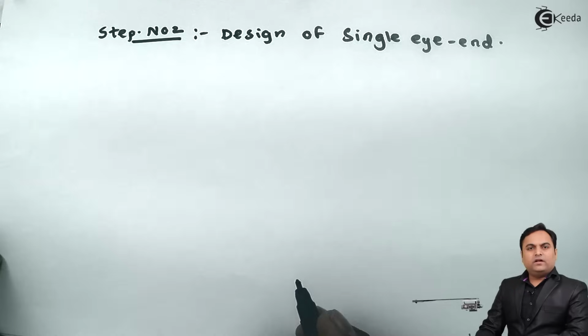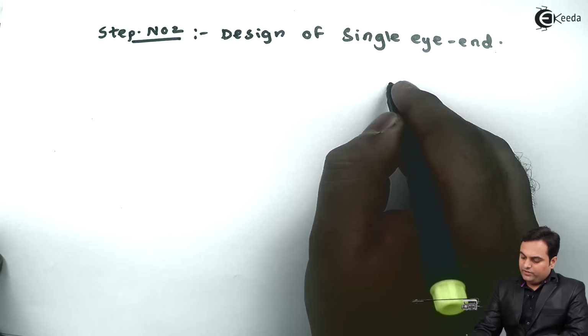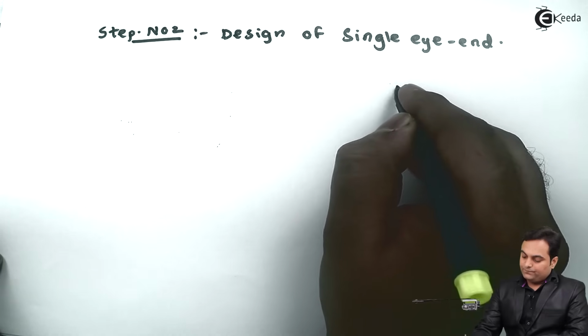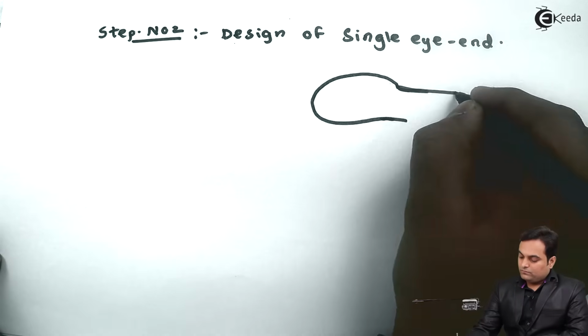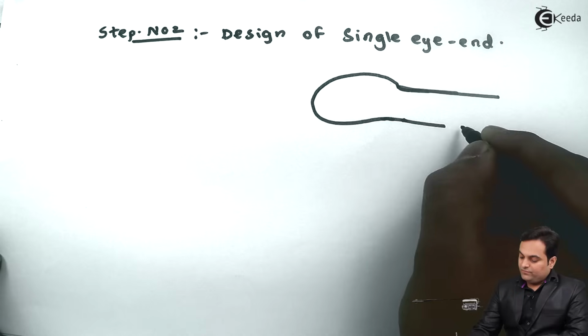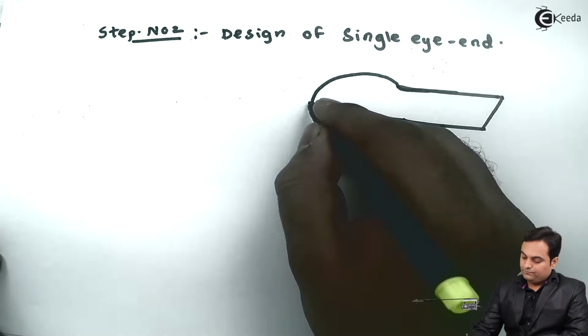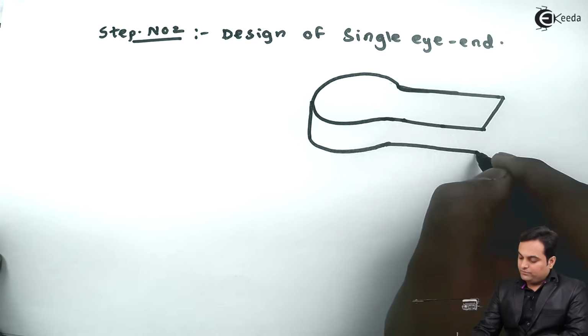Now when we are considering single eye end, here I will draw the diagram of it in a 3D manner, how it looks like. This diagram which I am drawing is for a single eye end. It will look something like this.